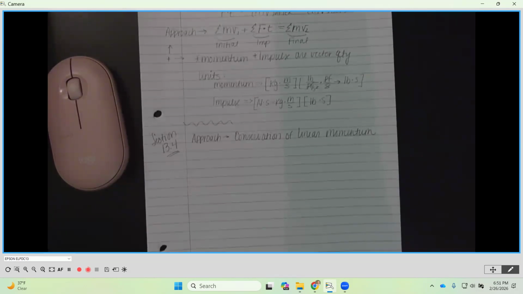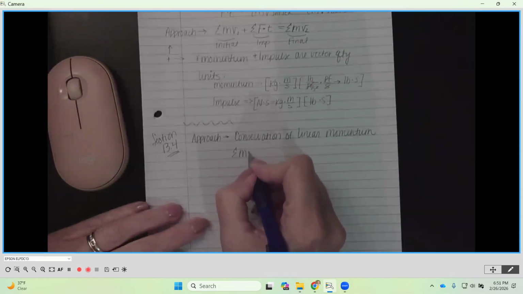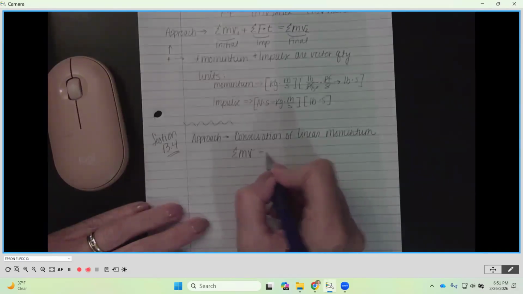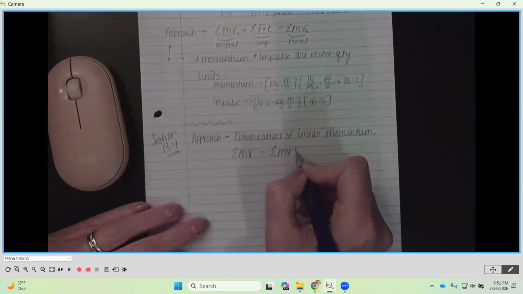And all that says is that the momentum before is always going to be equal to the momentum that we have after. Okay. So we're going to say the summation of the m times v's before are going to be equal to the summation of the m times v's, the momentums, and we're going to put a prime in back of it, after.